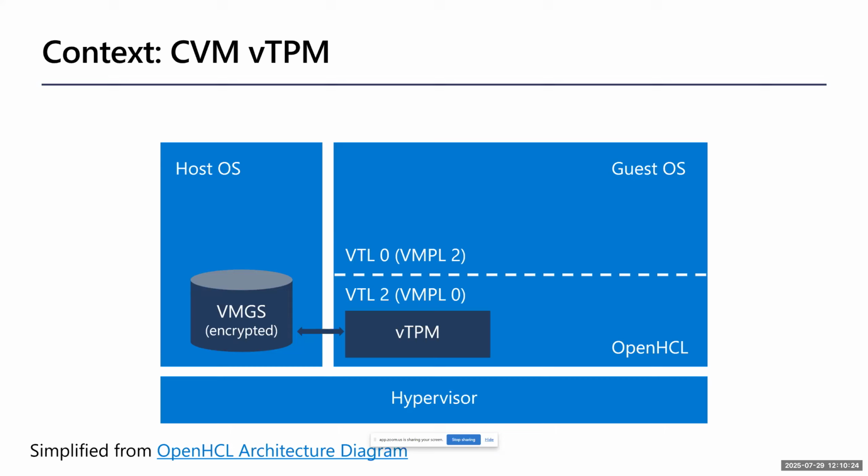The seeds for those keys are generated inside of OpenHCL the first time the VM boots. When we launch a brand new Azure VM, the HCL layer is the first thing that boots before the guest OS gets launched.